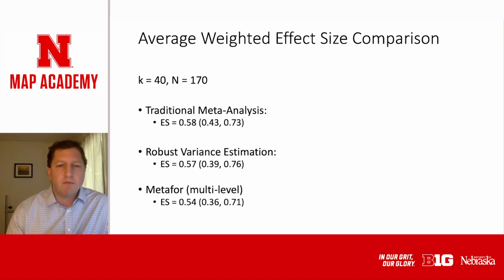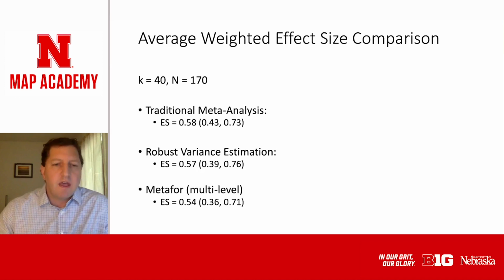So now we think the true effect could be within a slightly larger range, and that's important. Especially when we're thinking about statistical significance, this one's not close to zero, so we're not as worried about that. But in some cases, if we were estimating something with traditional meta-analysis, we might think we have a significant finding when actually we don't. It's an artifact of these dependencies.